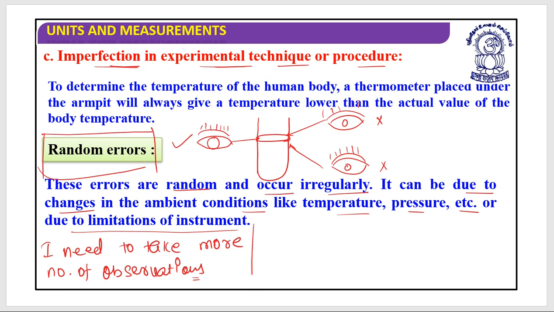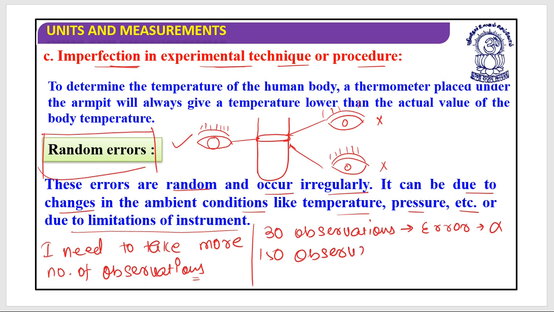So let's say if I am taking 30 observations and the error would be alpha. If I take 150 observations, my error would be alpha by 5.